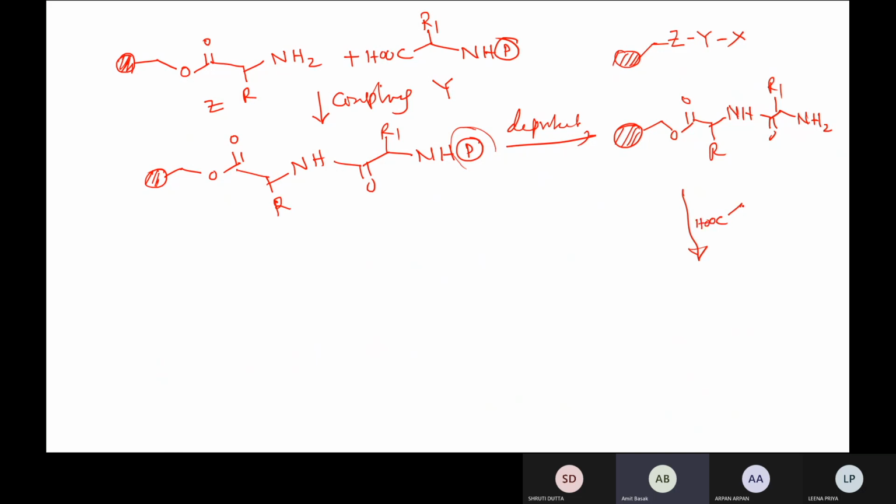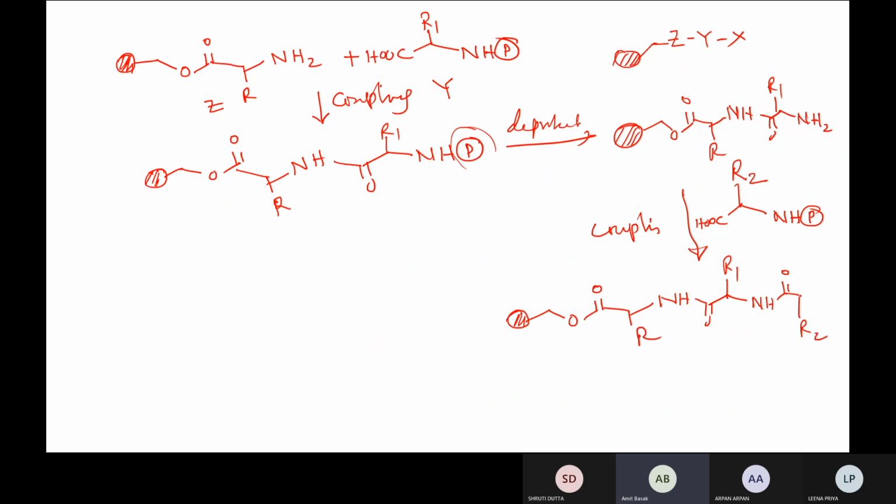The carboxy should be free, and NH again should be protected. And now you put a different R group R2 and do the coupling. Okay. So basically what you have, this is the resin, Cl, O, CO, R, NH, CO, then R1, then NH, then CO, then R2, and then NH protected.